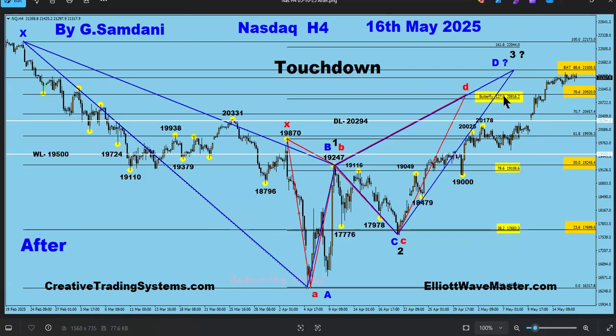So we bypassed this 127, 78 is gone. Now the bat pattern will be completed here. After that, we will see if it is going to drop or what is going to happen. This is the H4 chart. But let's take a look at the final chart I made when the market closed on Friday.